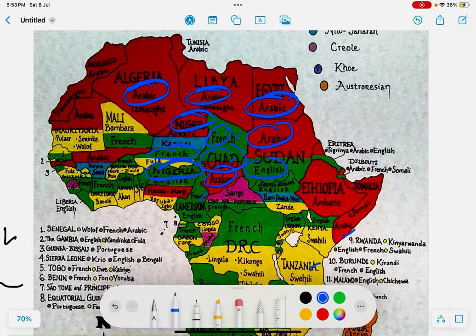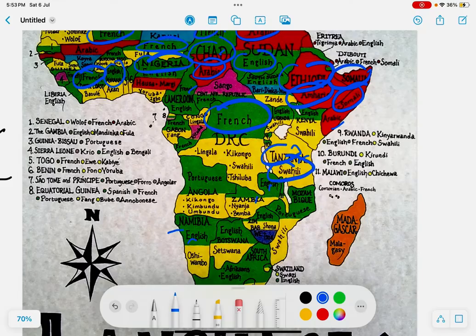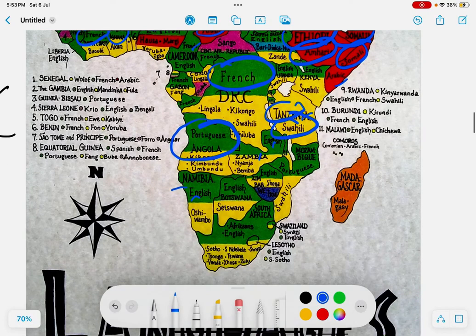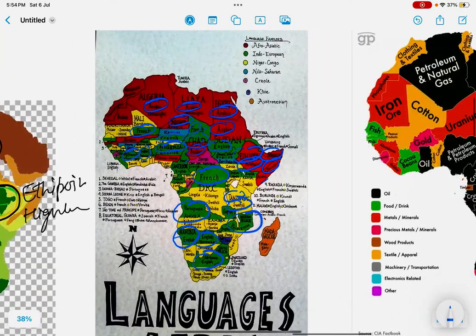Then there are other French languages here. Mali also has French, English in Ghana, French in DRC also, Ethiopia is Amharic, Somalia is Somali, Tanzania is Swahili. Angola has Portuguese, Portuguese here in Mozambique as well, English in Botswana, English in Namibia, English in South Africa. So all of these different languages are spoken in Africa.